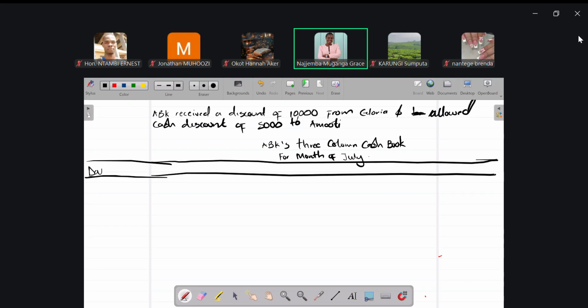Please make sure you create space: date, details, cash, bank.